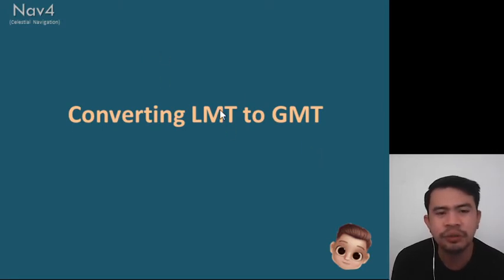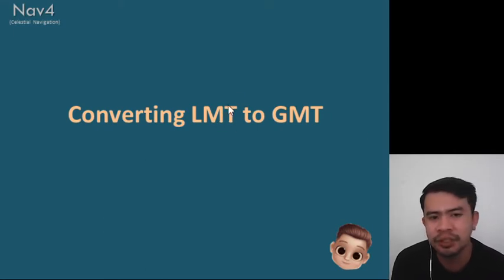We should remember that LMT is based from our observer, while GMT is based on the Greenwich meridian. It is the R angle of the mean sun plus 12 hours with respect to the observer's meridian.